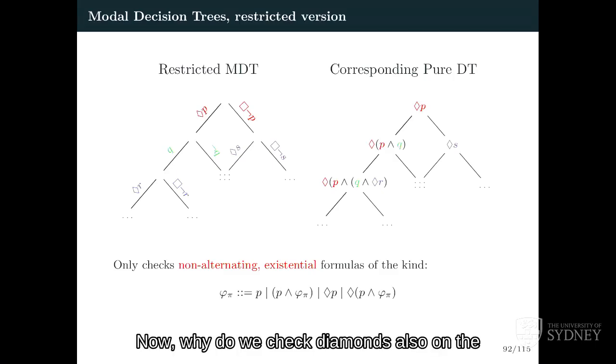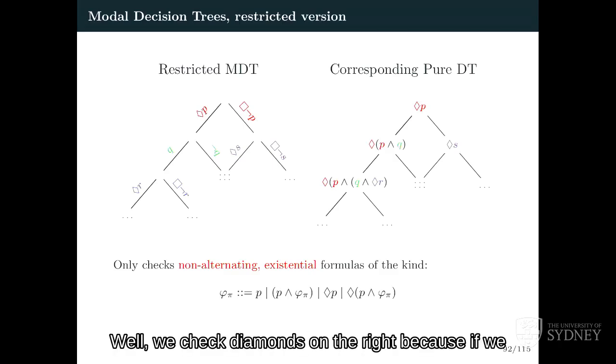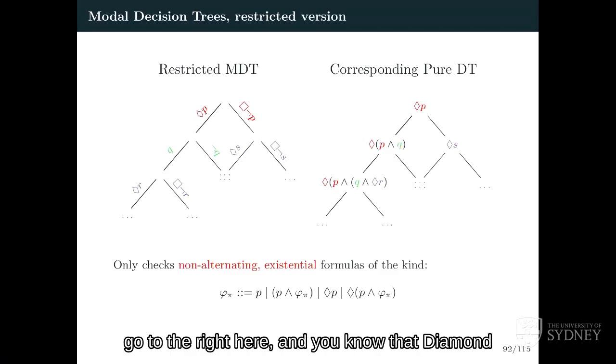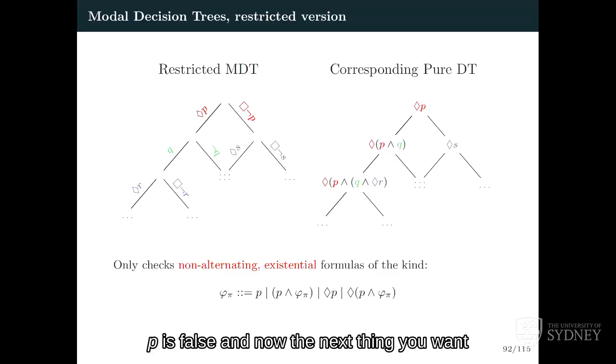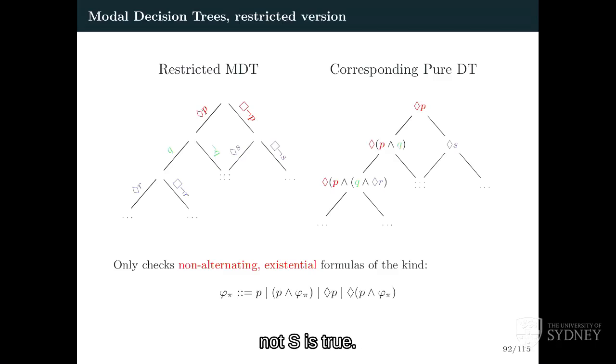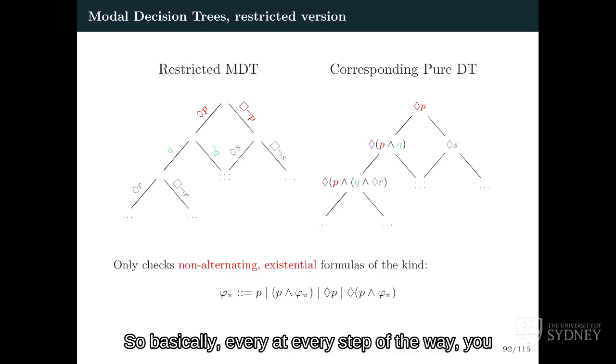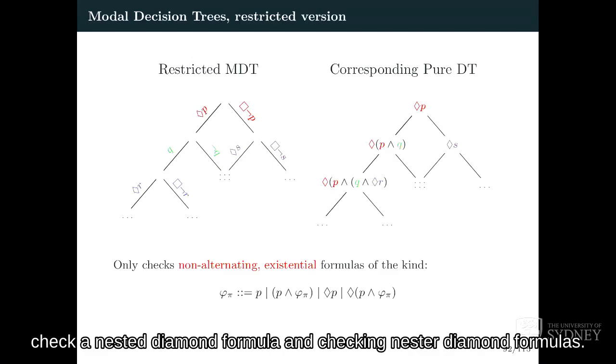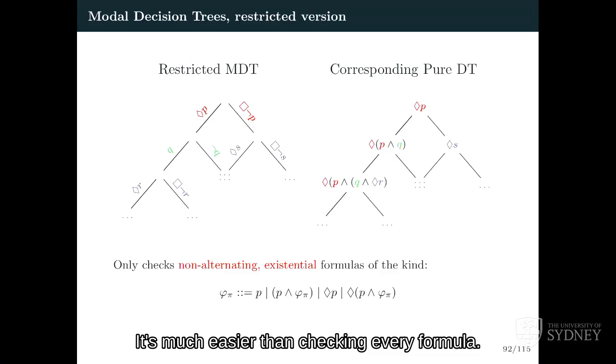Now, why do we check diamonds also on the right? Well, we check diamonds on the right because if we go to the right here, then you know that diamond P is false. And now the next thing you want to check is whether or not diamond S or box not S is true. So again, you check a diamond. So basically, at every step of the way, you check a nested diamond formula. And checking nested diamond formulas is much easier than checking every formula.